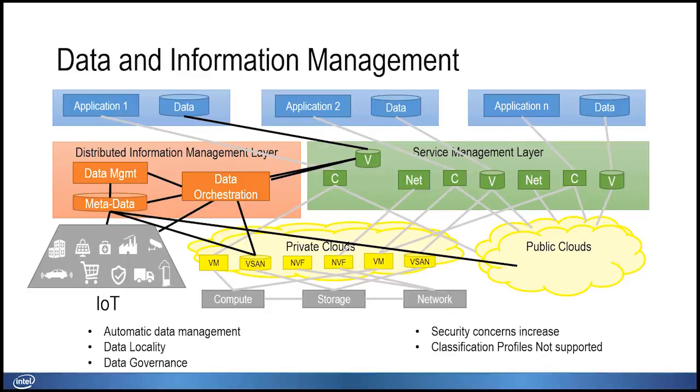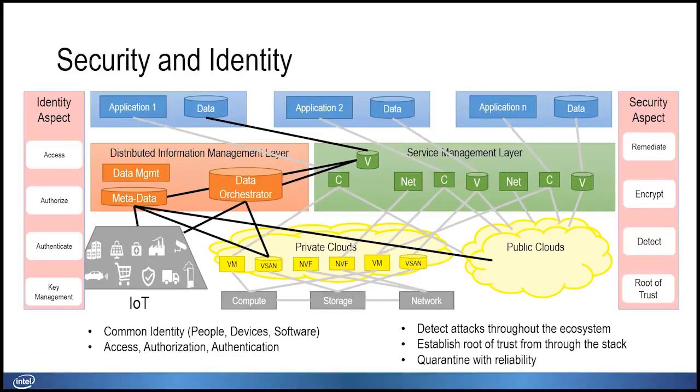So I can dynamically allocate services and applications close to the data, or I can move the data close to the applications, or a combination of the two. We've already identified three different modes of operation on data and applications, and we're starting to uncover even more. So it's really exciting, actually. This distributed information management layer is a key aspect to us moving forward.